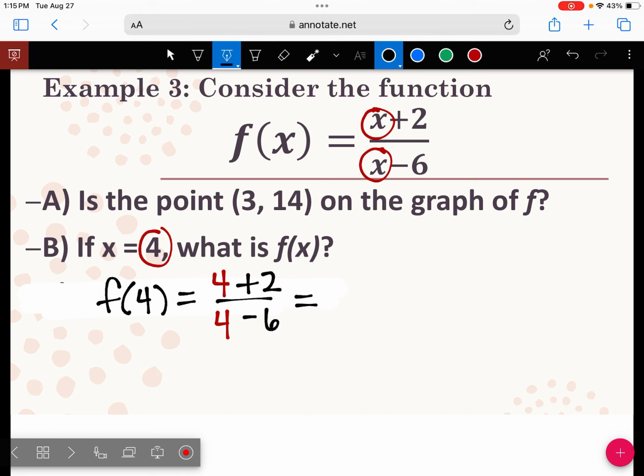What is 4 plus 2 divided by 4 minus 6? And you should get 6 over negative 2, which is negative 3. And that would be your answer to part B.